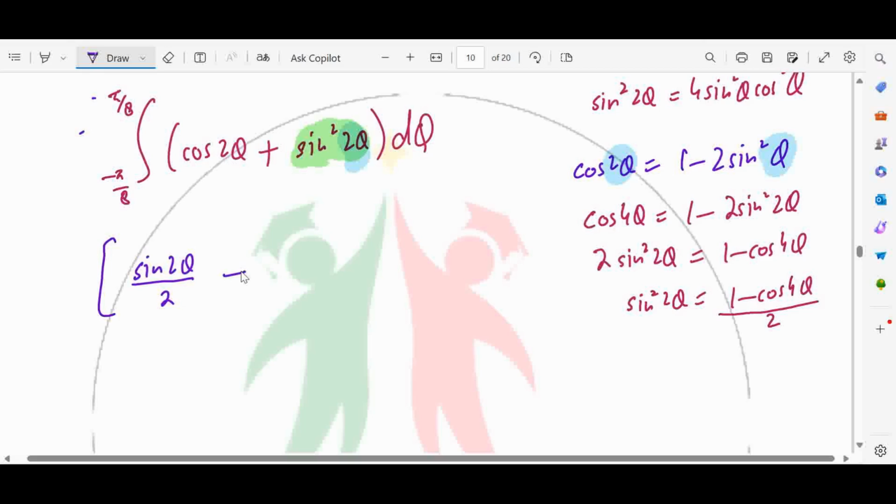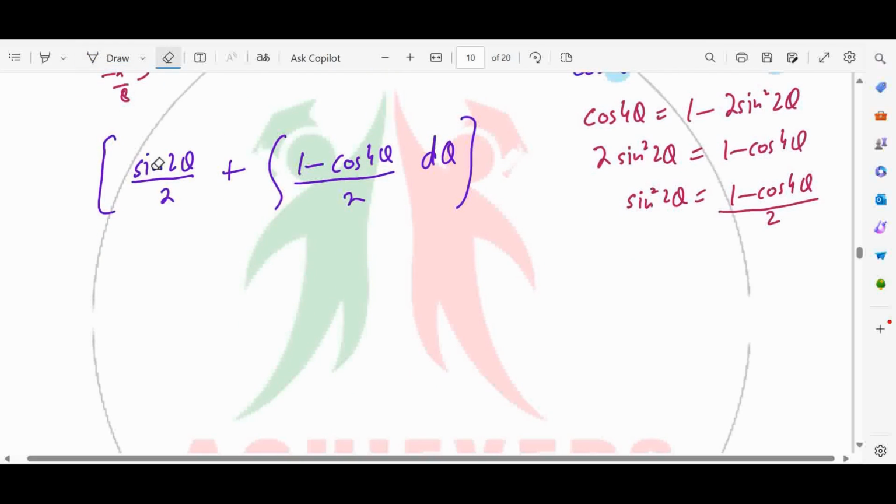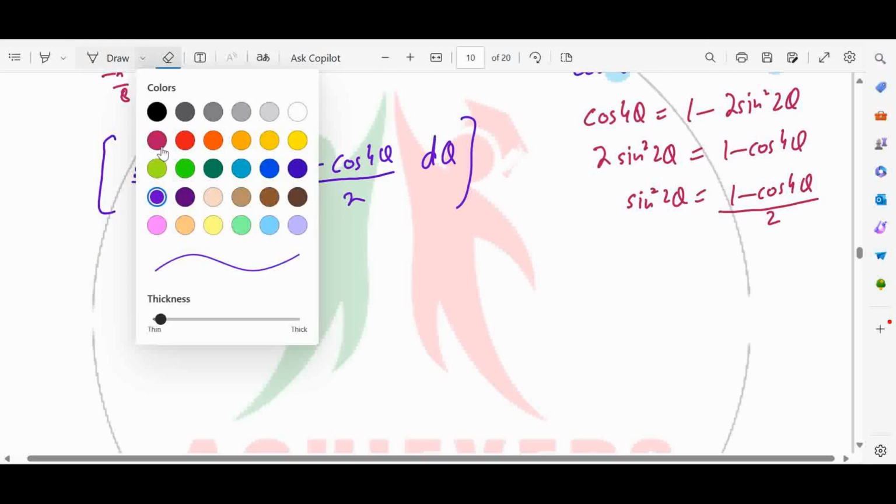Plus here I can write it as 1 minus cos of 4 theta divided by 2 d theta, and we need to simplify it more. Okay, how we can simplify it? This 2 is a constant, so we can take 2 outside the brackets.